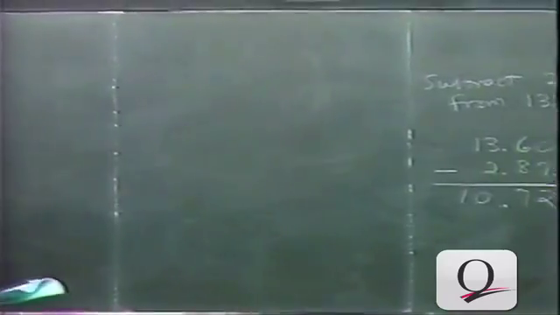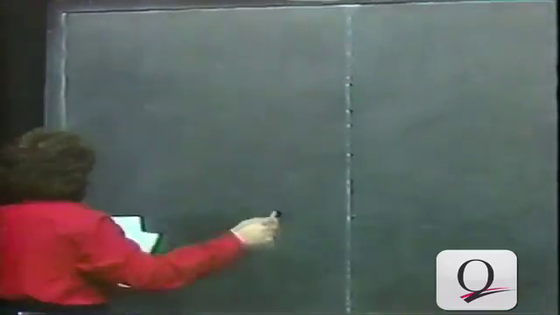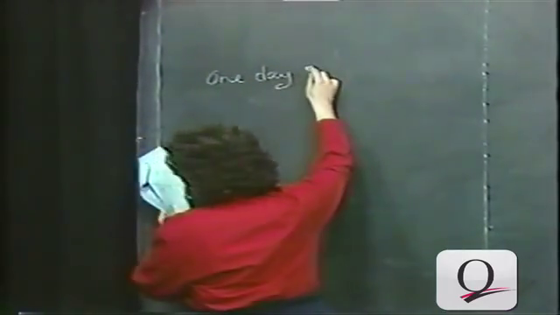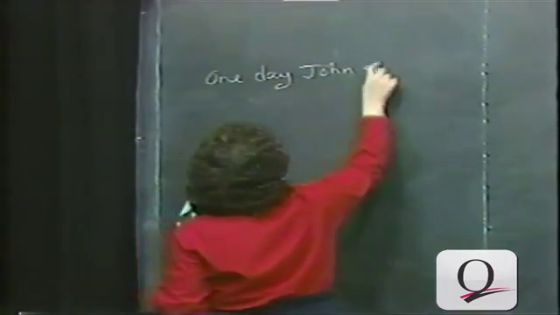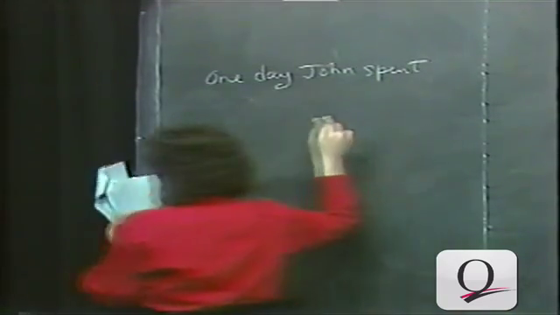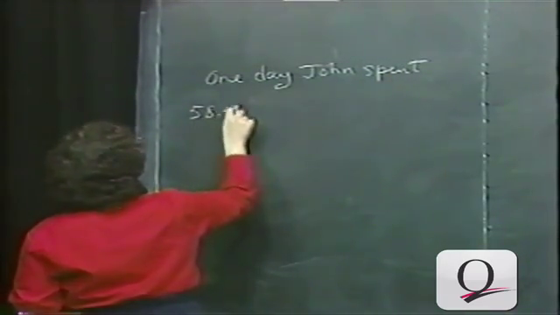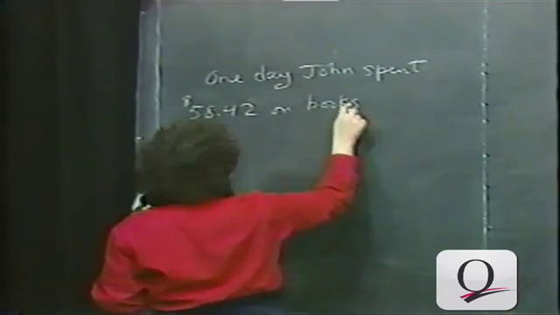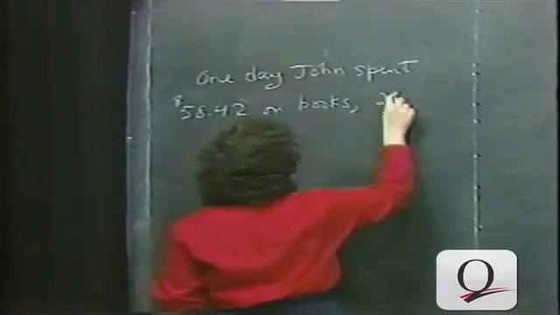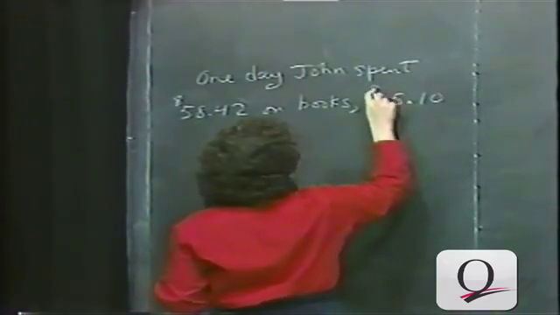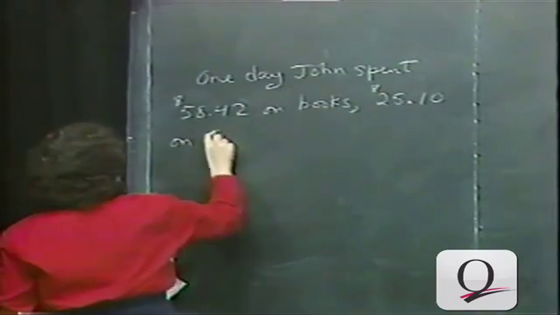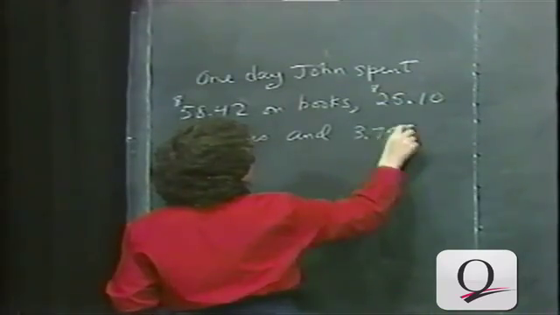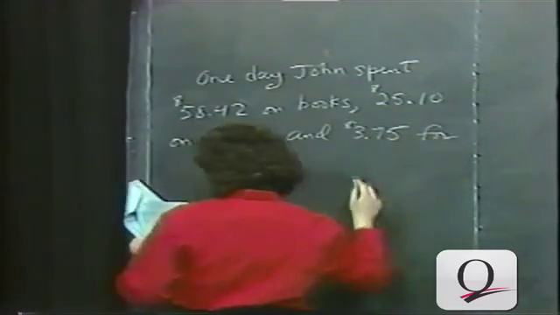Let's try now a word problem involving decimals. One day, John spent $58.42 on books, $25.10 on clothes, $3.75 for lunch.